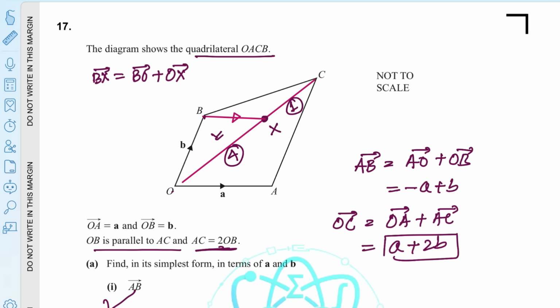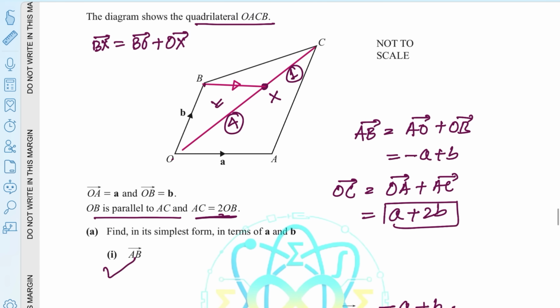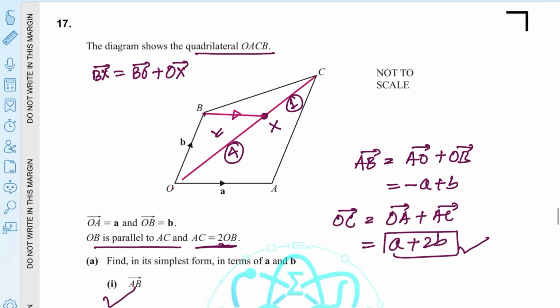Okay, so if you see this, OX vector is a part of OC vector, and OC already we got this a plus 2b, right? So can we say that OX is, because it has 4:1, so 4/5 of OC vector, isn't it? Right? OX vector is 4 out of 5, because total will be 5, so 4 out of 5 times OC vector. Yes, we can. So we can write down here.